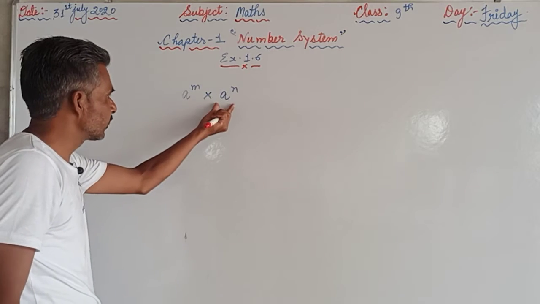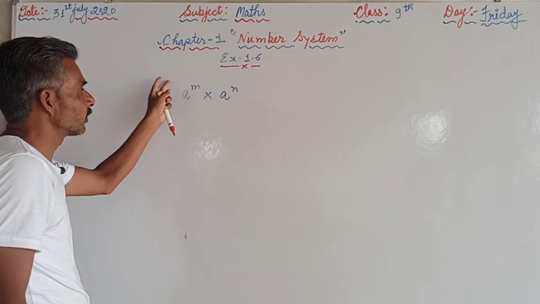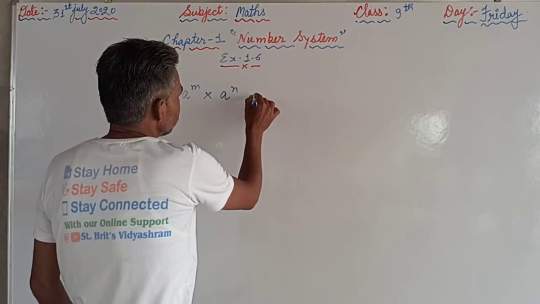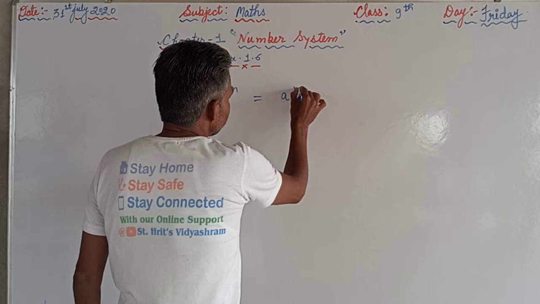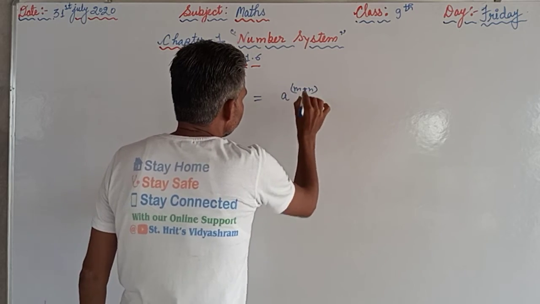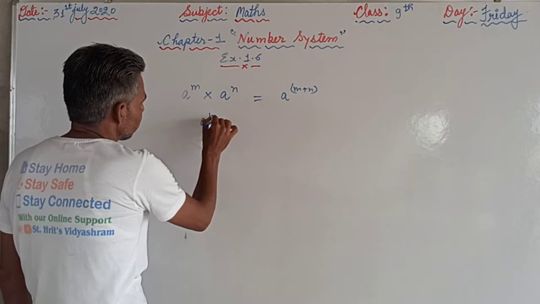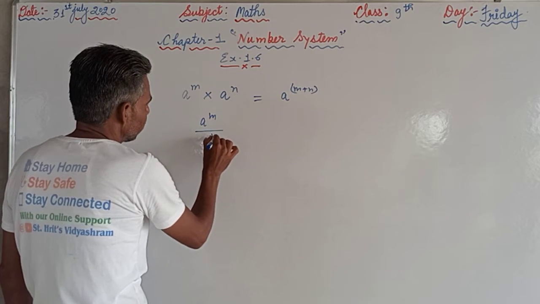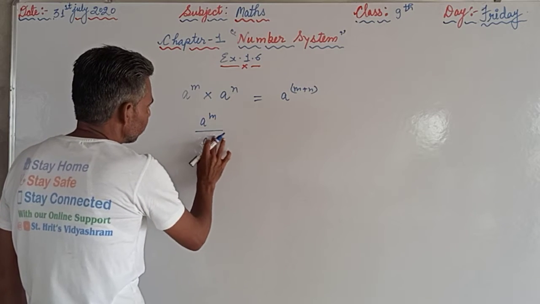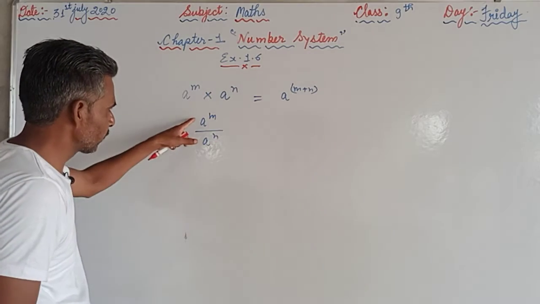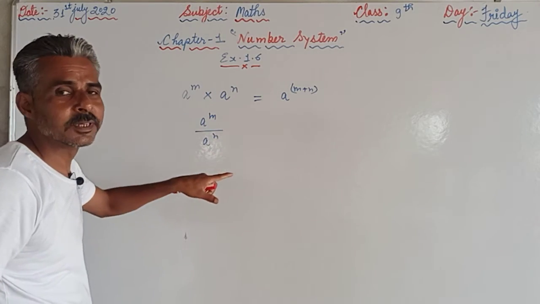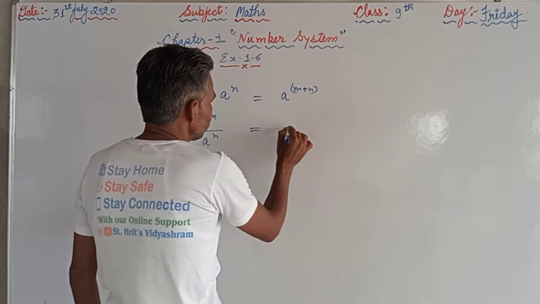If the bases are same and the powers are different, then we are supposed to add the powers. At the same time, if the same bases are there and we are supposed to divide, and the exponents are different, then we are supposed to subtract.